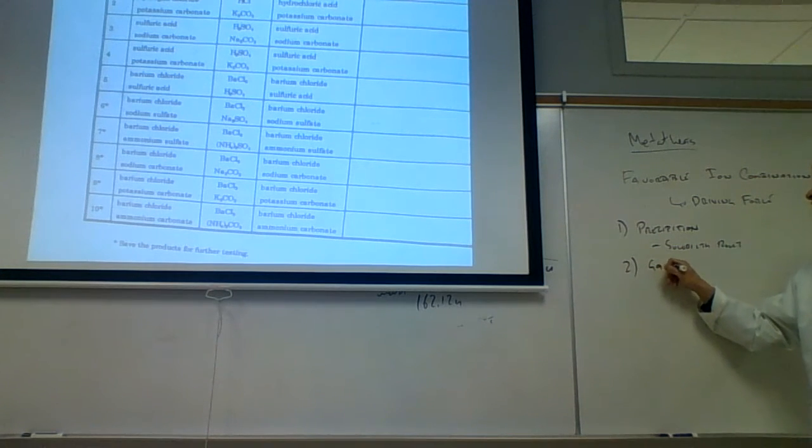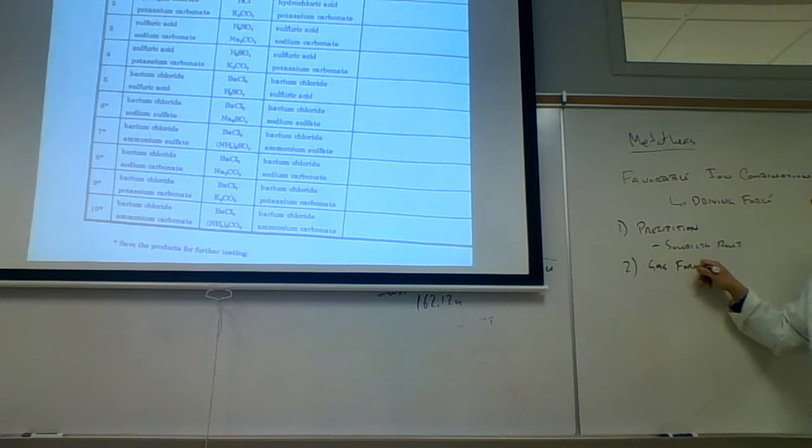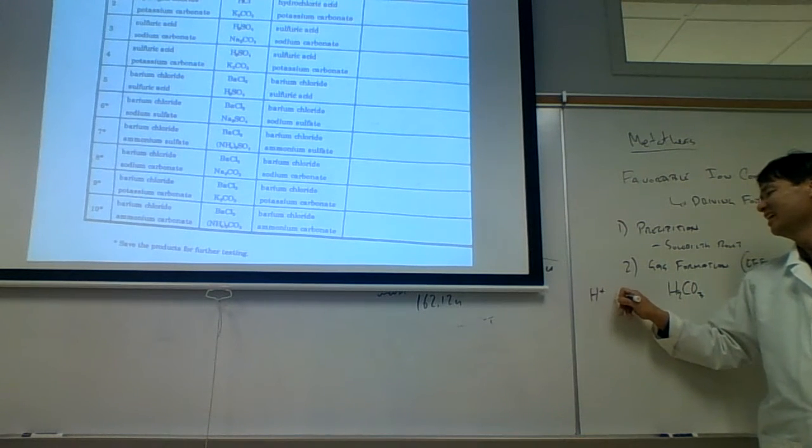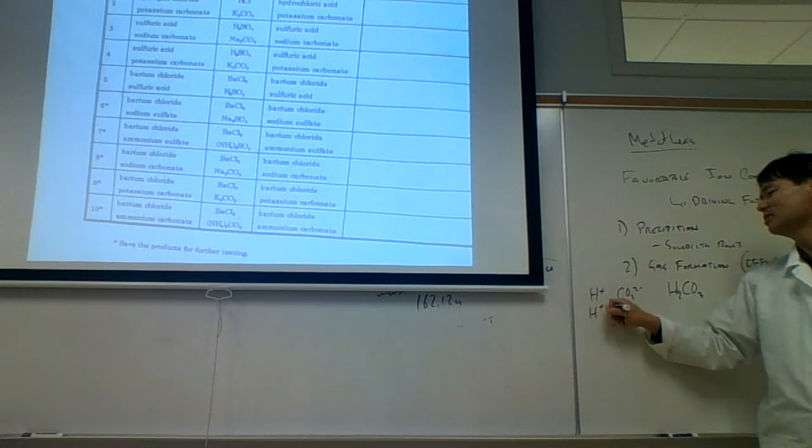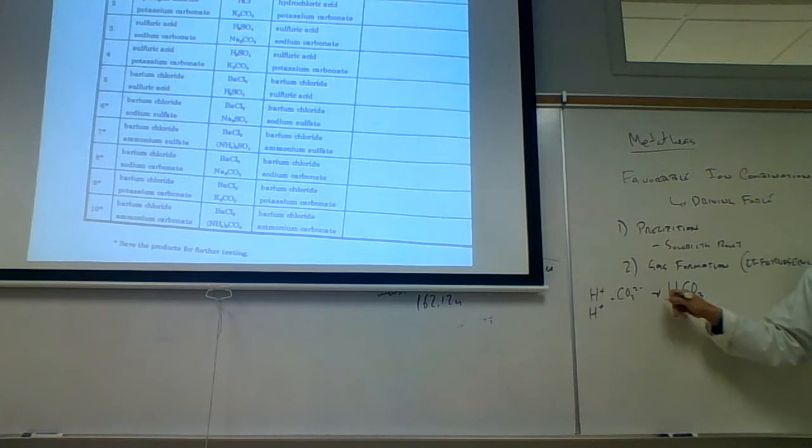And then there's something called gas formation or effervescence. The number one gas former is this: hydrogen ions and carbonate. So hydrogen ions and carbonate ions form a good combination. We'll need 2 hydrogen ions for every carbonate. It forms this: H2CO3, AKA carbonic acid.